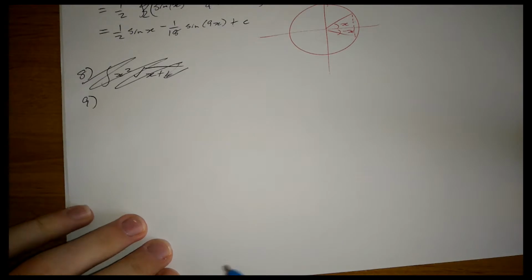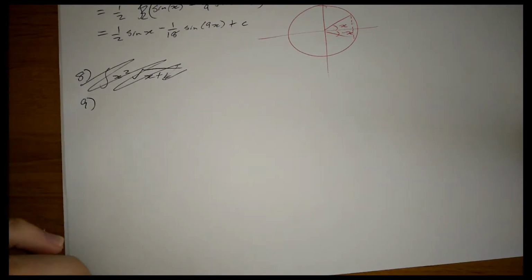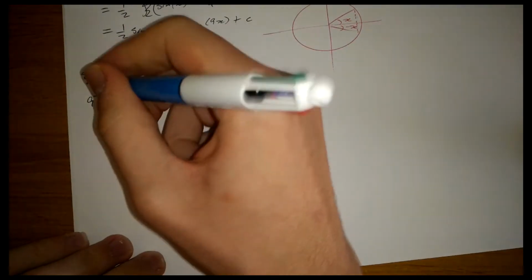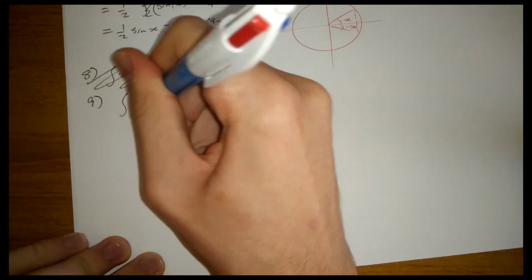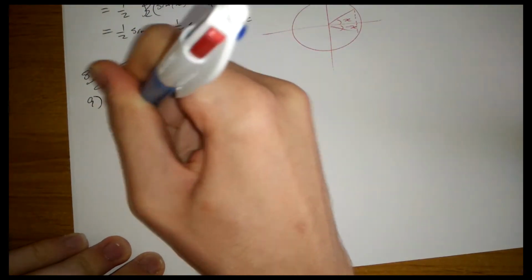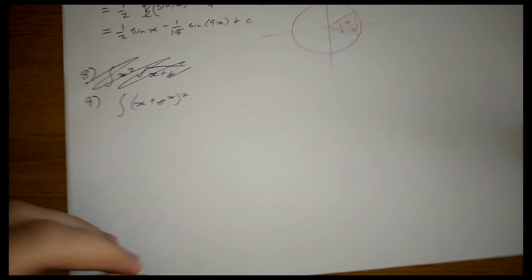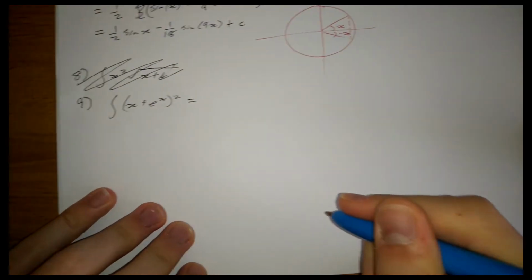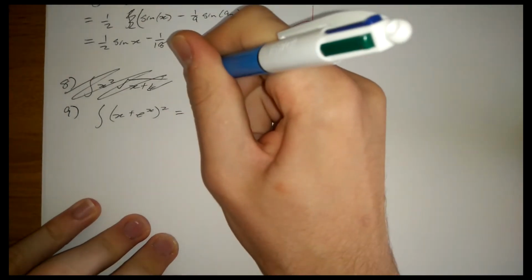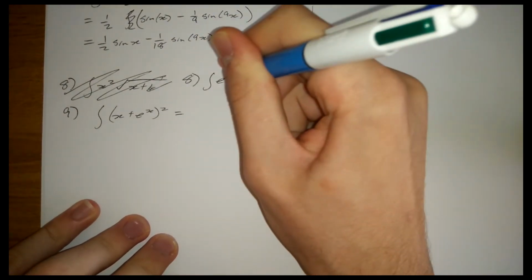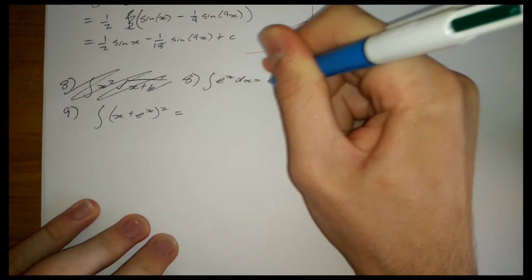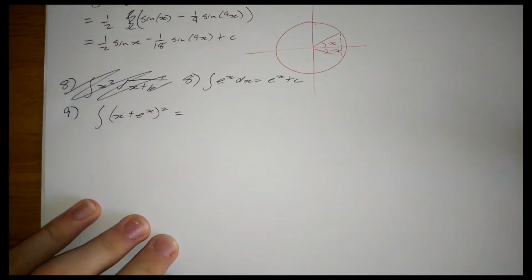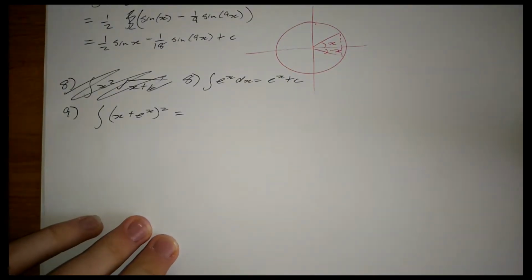I'll redact that. Yeah, okay. I'll see what I do with that. It looks like this is only 16 integrals. Oh well. Our 17th integral can just be the integral of e to the x dx is e to the x plus c. There we go, 17 integrals. I don't have to change the title.